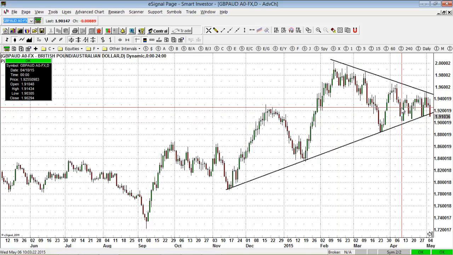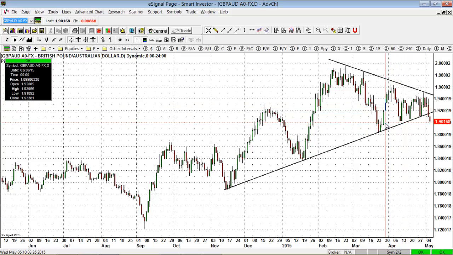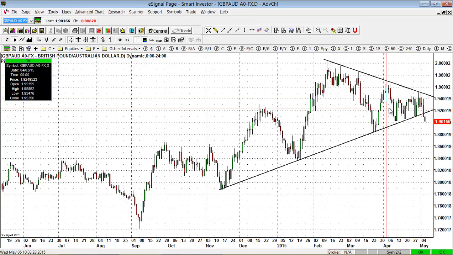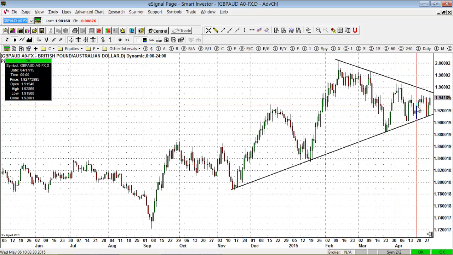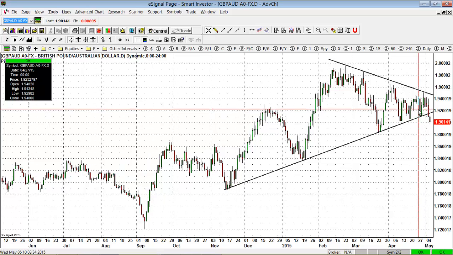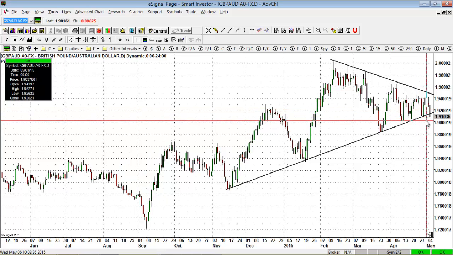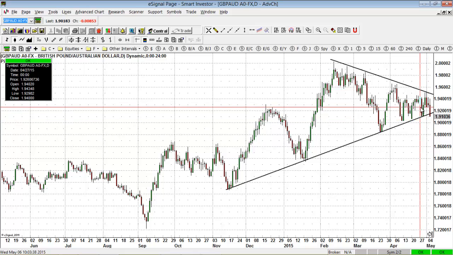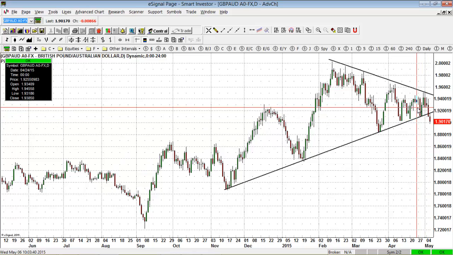And over the last couple of weeks, I've been saying that we are positioning our portfolio to the upside because that was the direction of the trend. But I did say that there's a chance that this market could break to the downside, and that's why you put in your risk management stop losses. And I just want to highlight the fact here that we point out winning situations and losing situations.